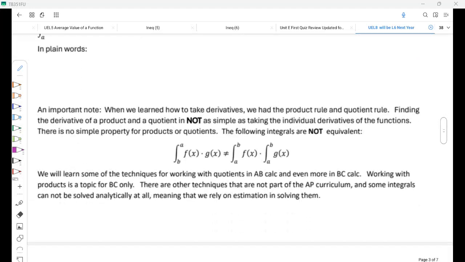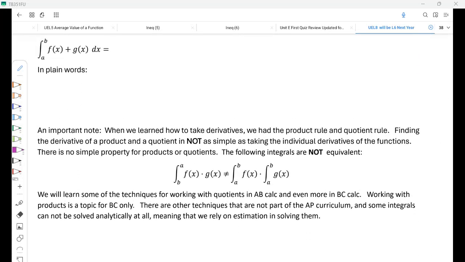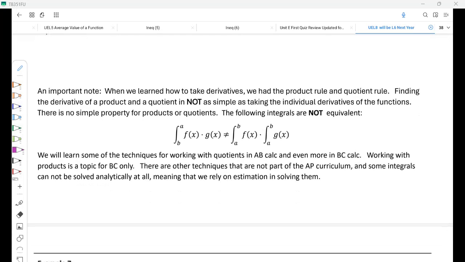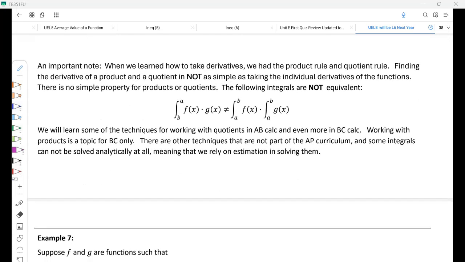Let's take a look at what I have here down at the bottom of, I believe, the next page. Because this follows basically what the next several things are. An important note. Keep in mind, we had the product rule and the quotient rule. Think about the times that you had xy written and you wrote dx dt, dy dt, and I said, no, that's wrong. You didn't use the product rule.